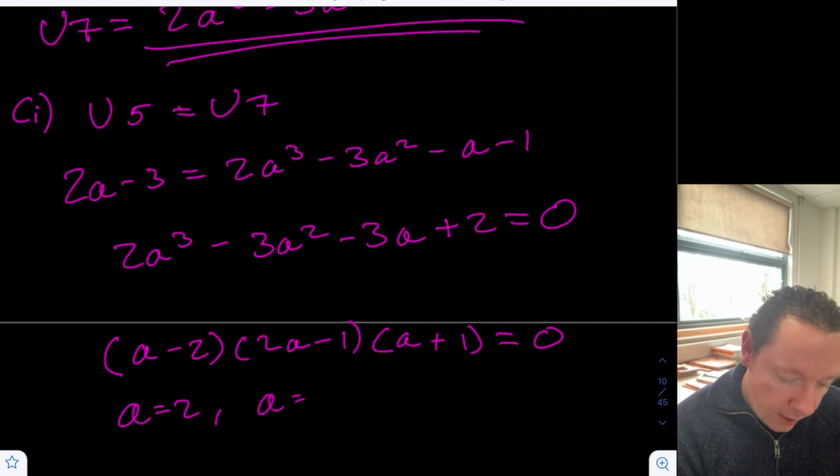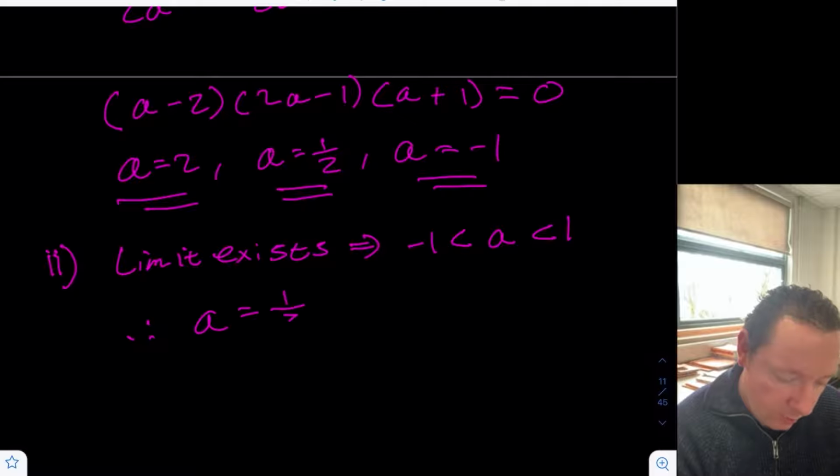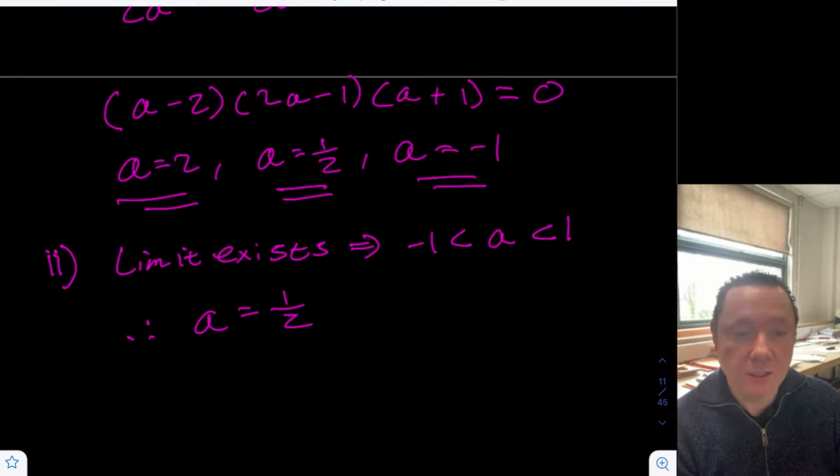And we've solved that. The limit exists, calculate the limit. So this is just a pure sequence question. If the limit exists, that implies that minus 1 is less than a is less than 1, and therefore a must equal a half because the other two are invalid.